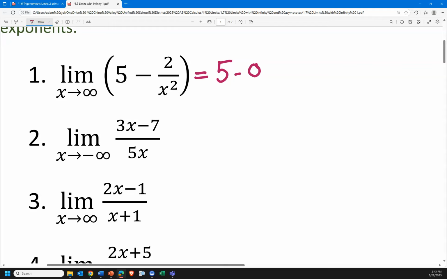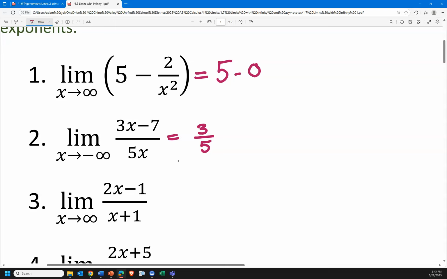On number 2, when we do the limit as x approaches negative infinity of 3x minus 7 over 5x, that's going to be 3/5. Because if we use an input like negative a million, 3 times negative a million minus 7, we can think of that as really close to negative 3 million, divided by negative 5 million, which is positive 3/5, or at least close to it.